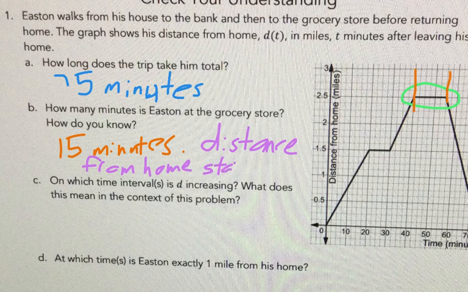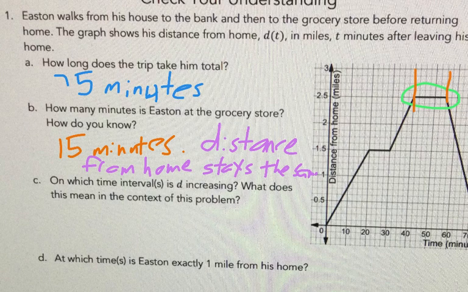So he has to be stopped somewhere. Okay, good. Questions on B? Like I said, there's different ways you could explain it. Y'all were talking about the flat parts of the graph, right? How did we know that the flat parts meant he was stopped? Because his distance isn't moving.